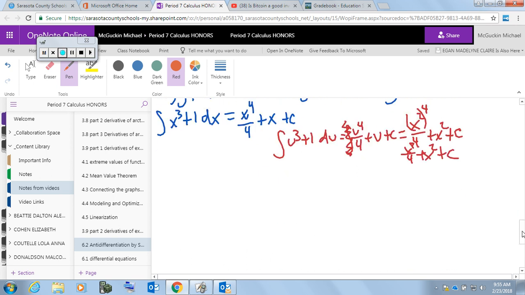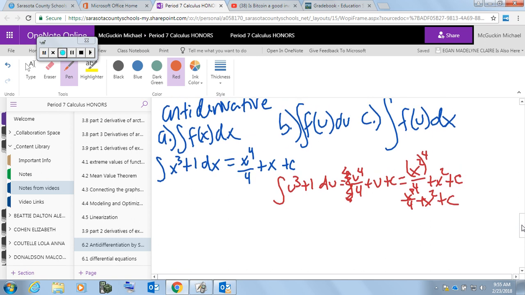Now, let's move on down to our last one. F of u dx. Well, now, once again, we are going to be looking at u as a notion with the fundamental theorem of calculus: this is f of x, x cubed plus 1, which is really f of u, u cubed plus 1. So, this will be u cubed plus 1, but now we are taking it with respect to dx.